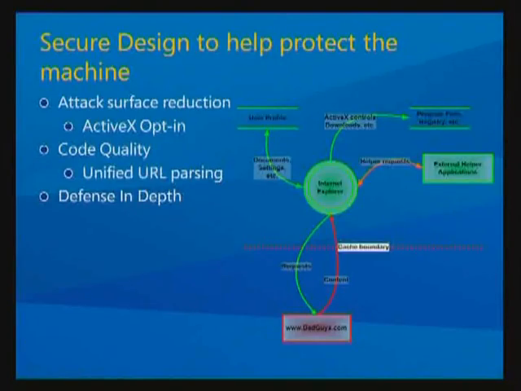So we had to think about using the browser and using your computers from a consumer standpoint as well as a business information worker standpoint. How can we make the platform powerful enough to let them do what they need, but add layers of defense across the internal and external components that we deal with?